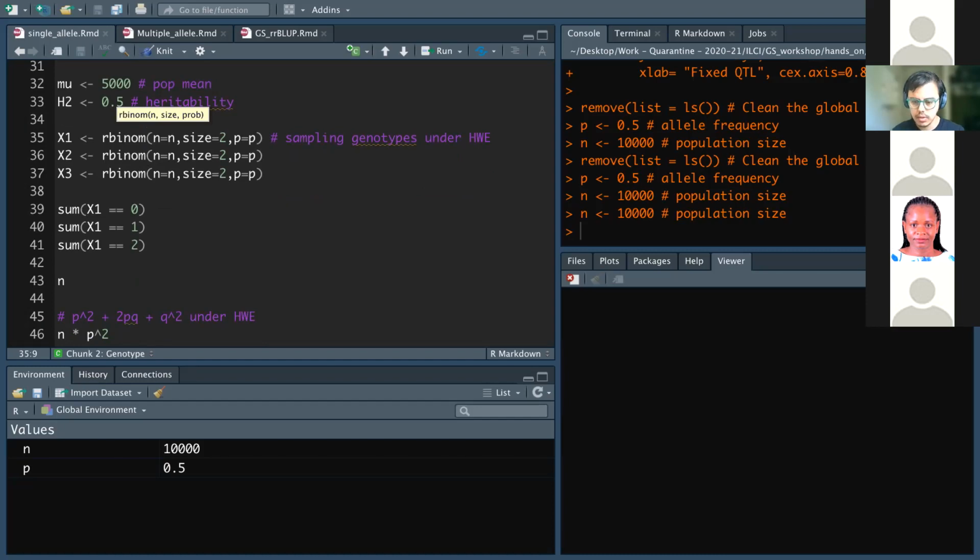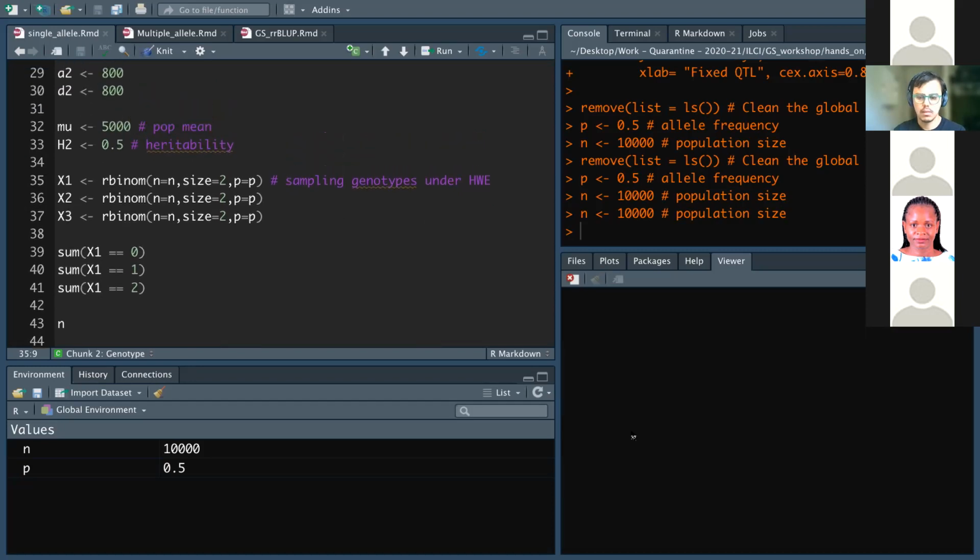Anthony, do you have a question? Yes, please, go ahead. Which heritability are we dealing with at this level? Is it broad heritability? In this case, it's broad, because I'm going to use this heritability to predict the phenotype.